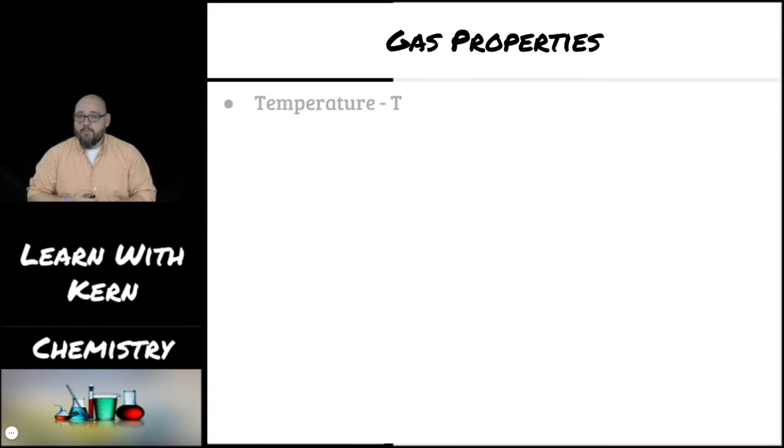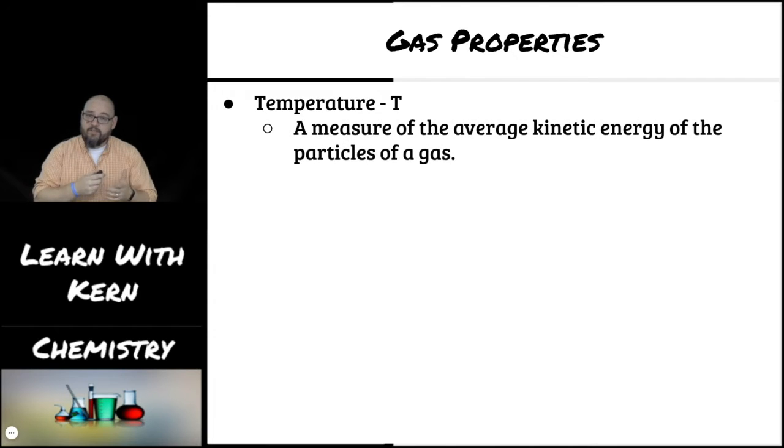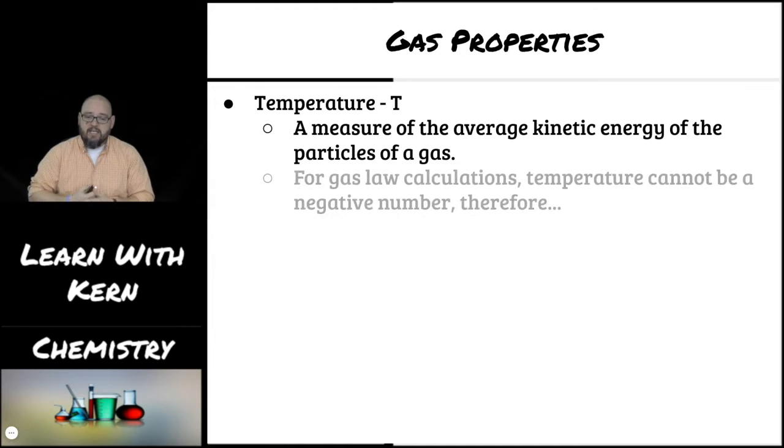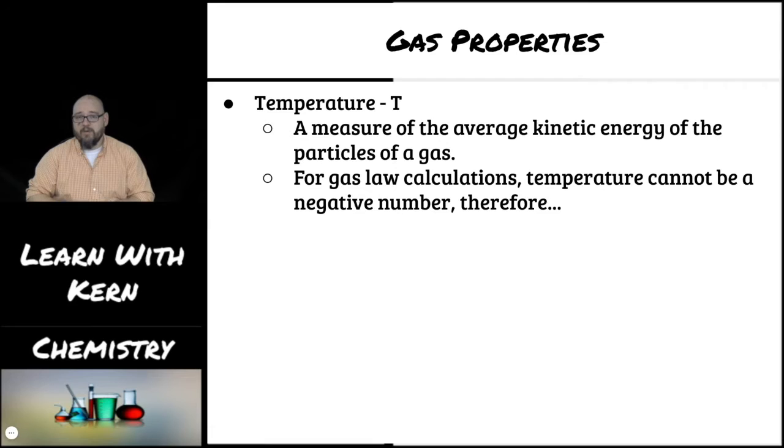The last one is temperature. We spent a lot of time in the last video talking about the different temperature scales and what temperature is. Well, in our equations, temperature is represented with a capital T, and it is, of course, the measure of the average kinetic energy of the particles of the gas. For gas law calculations, temperature cannot be a negative number.